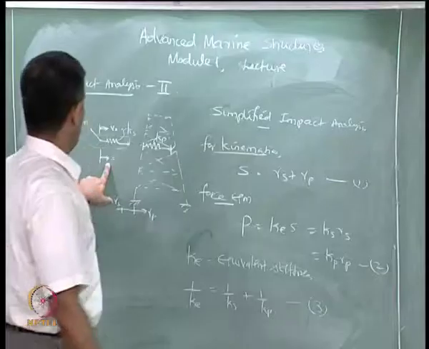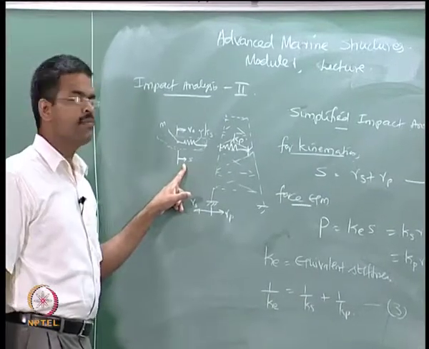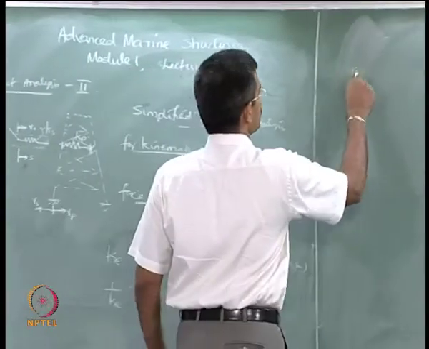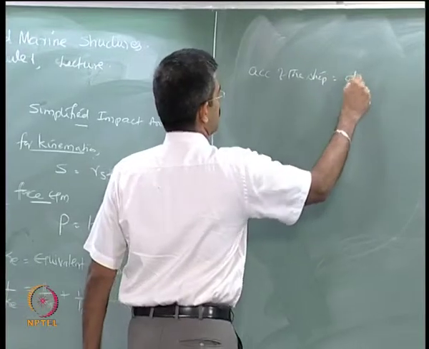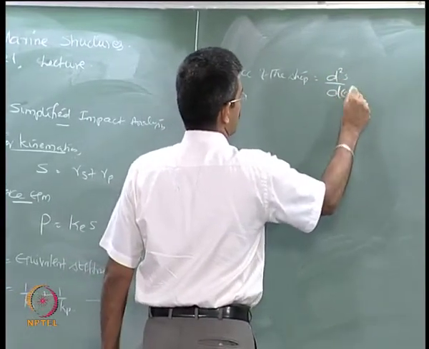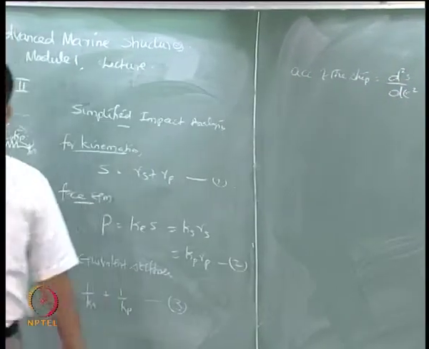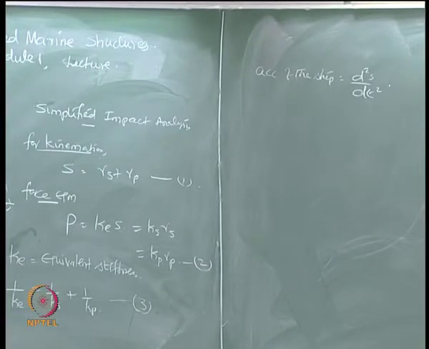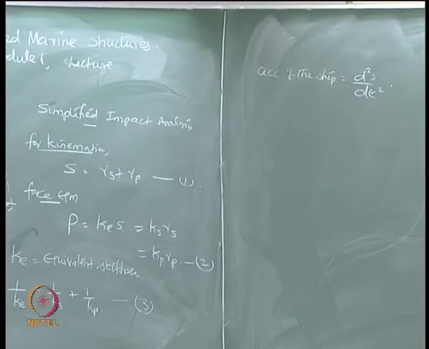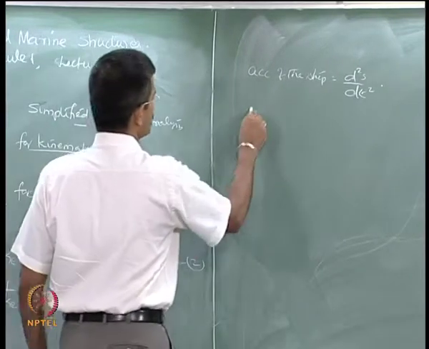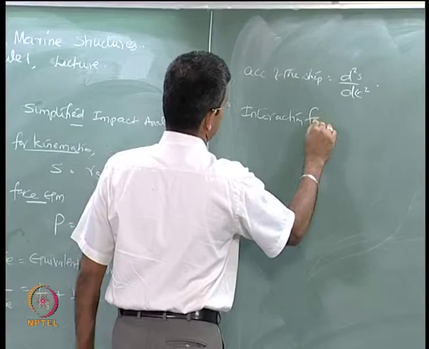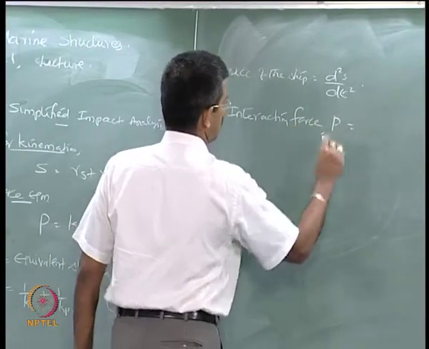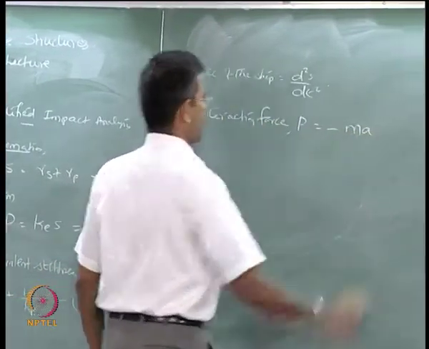Since this is the motion or displacement of the ship, the acceleration of the ship can be d square s by dt square. The interacting force P is minus ma.